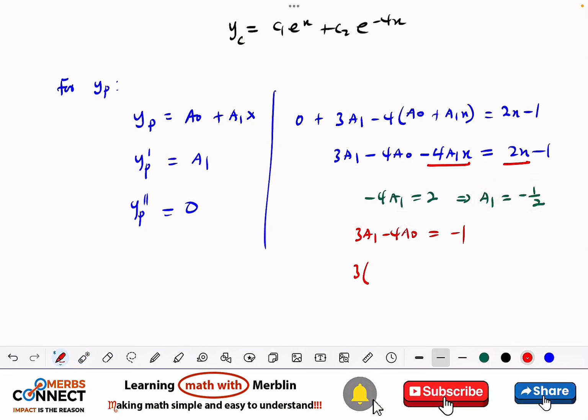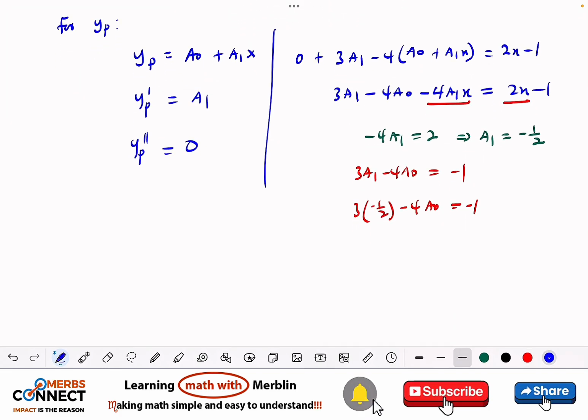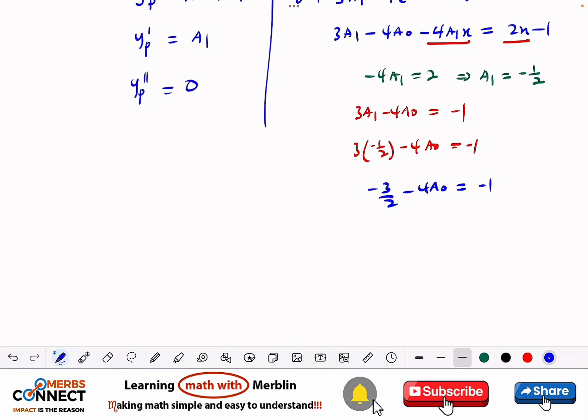So you have 3 times minus 1 over 2 minus 4a0 equal to minus 1. Let's solve for that. So minus 3 over 2 minus 4a0 is equal to minus 1. So minus 4a0 is equal to minus 1 plus 3 over 2.